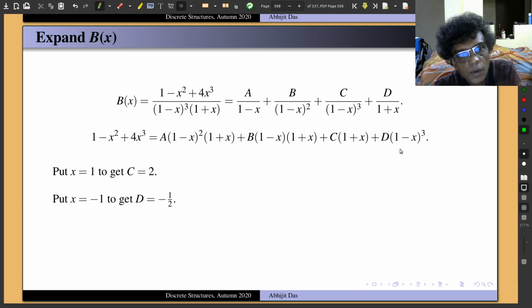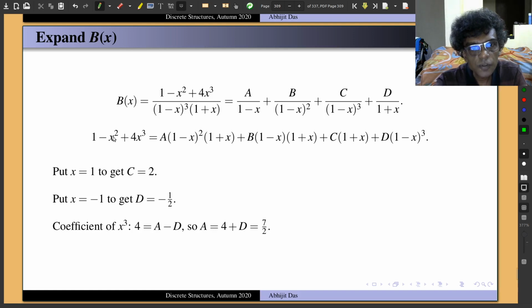And the rest you have to obtain by comparing coefficients. For example, coefficient of x cube, this is 4. 4 x cube, this will contribute x cube, 1a. This will not contribute x cube, this will not contribute, this will contribute minus d. Yeah. So then you solve for a because d is known, 7 by 2.